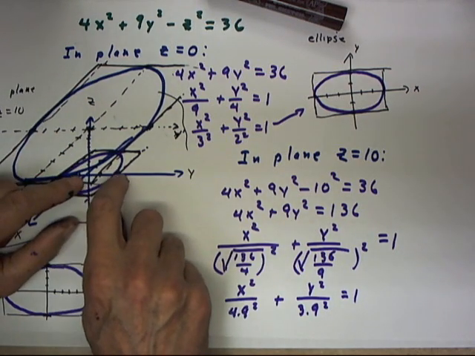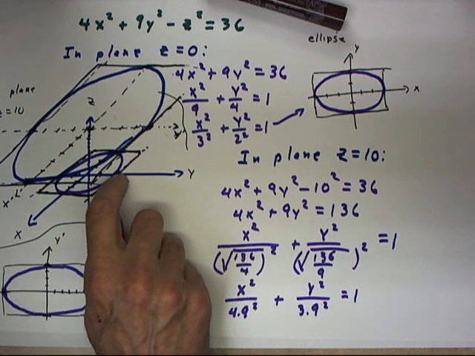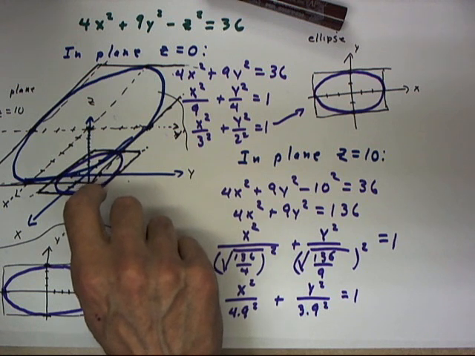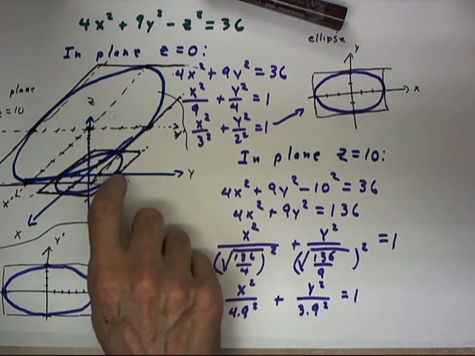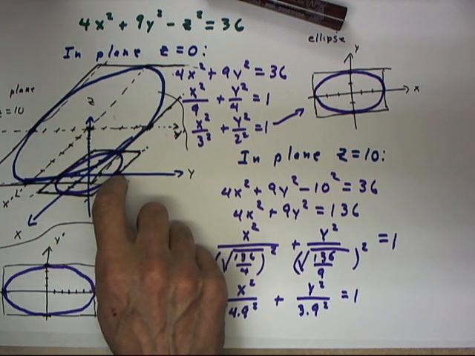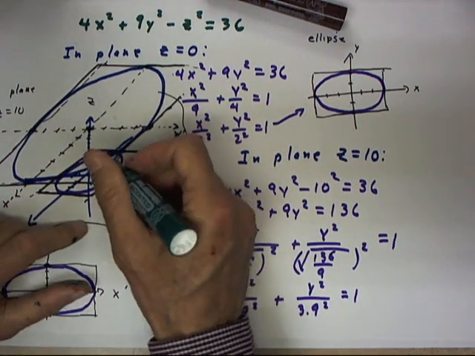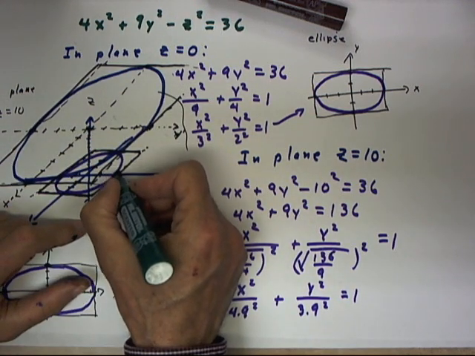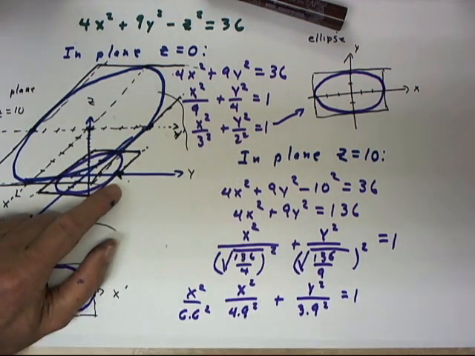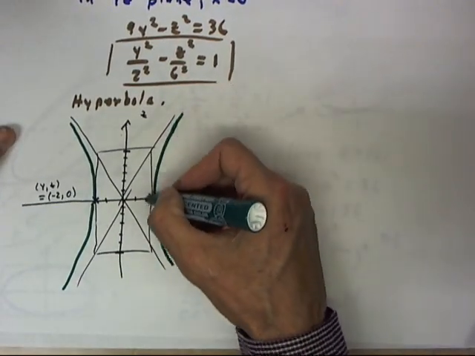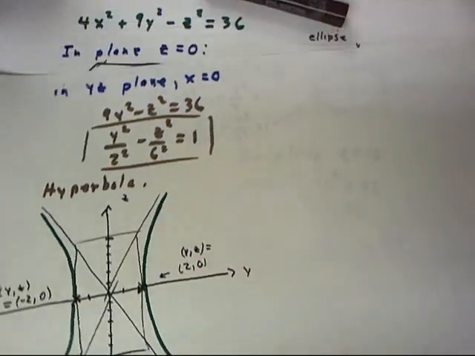We have the point 2, 0 in the YZ plane, and in fact we have, well, we don't have the same rectangle, but the hyperbola that we just drew does go through the point 2, 0 in the YZ plane, as indicated, and comes up and moves away from the z-axis.